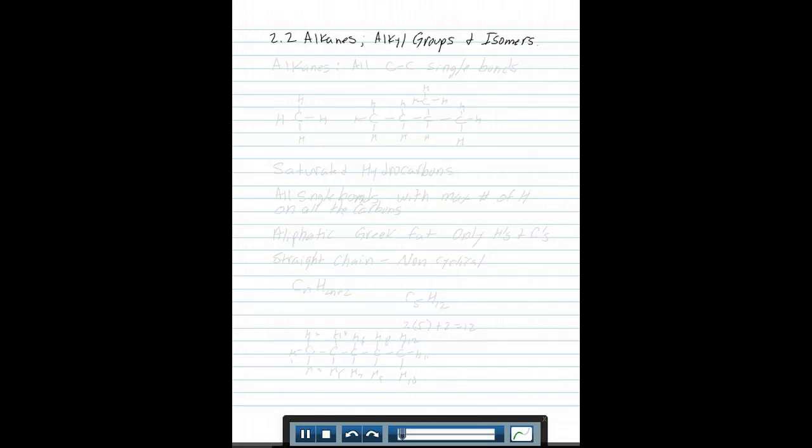All right, section 2.2 is going to be about alkanes, alkyl groups, and isomers. Alkanes are not considered a family, but they are a group of compounds that technically don't have a functional group. When we talked about functional groups last section, we talked about a group of atoms that gave the chemical and the physical behavior of the compound.